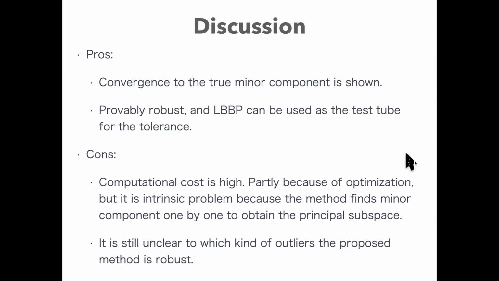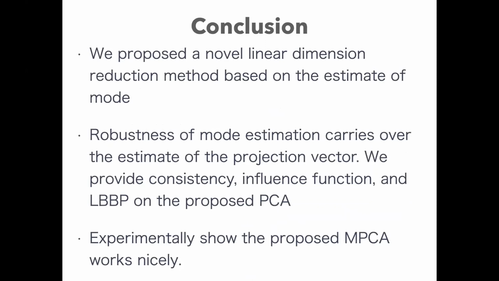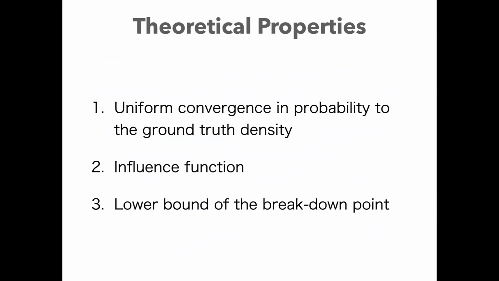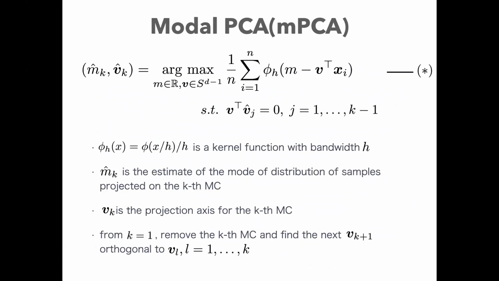Oh, sorry, I didn't explain the optimization method for the proposed objective function. So let me briefly explain. There must be many approaches, and unfortunately, I'm not very familiar with this kind of optimization problem, so I solved the problem in a rather naive way.